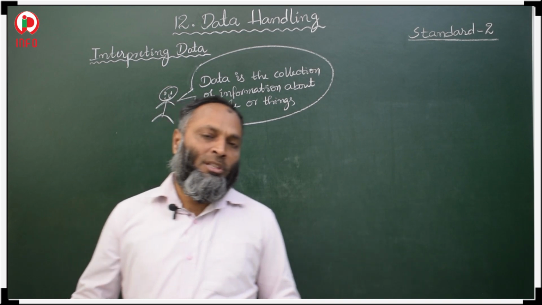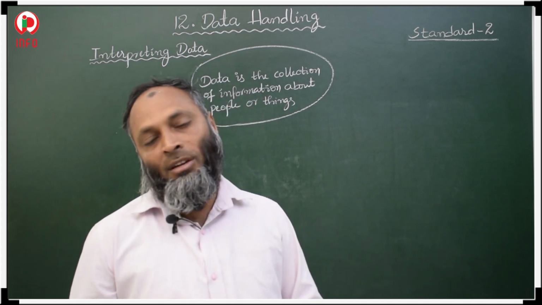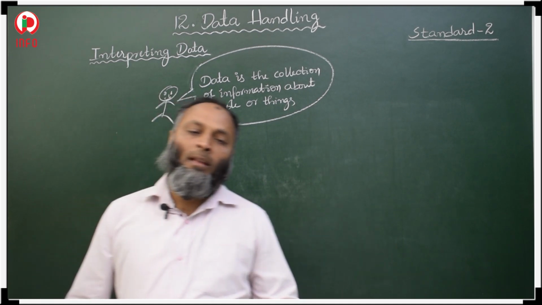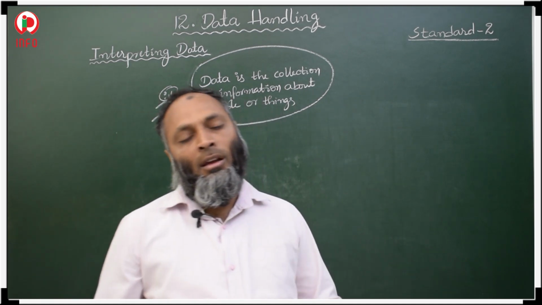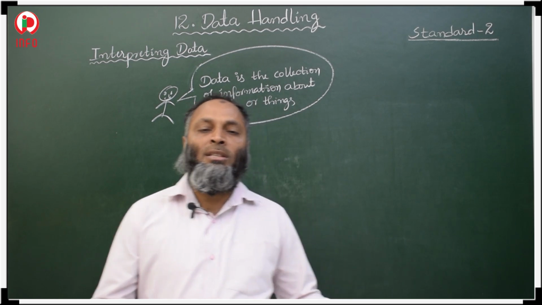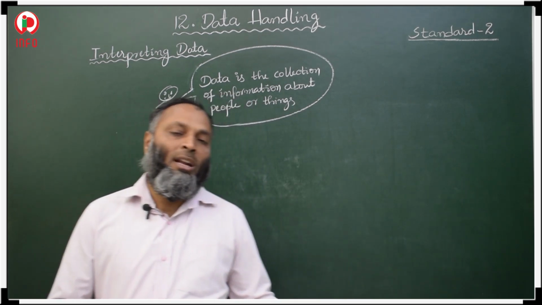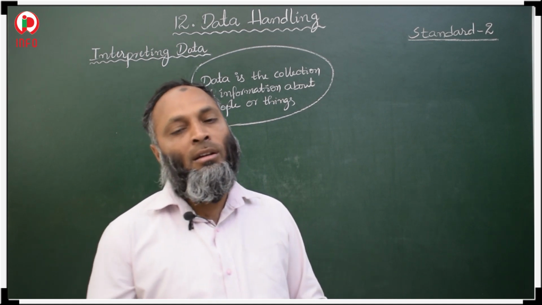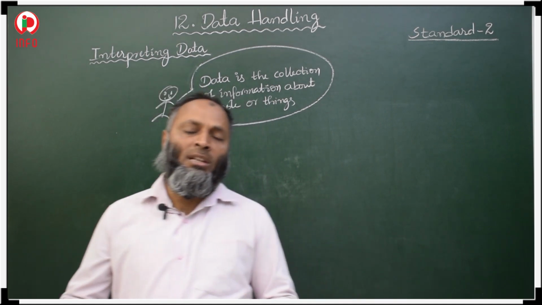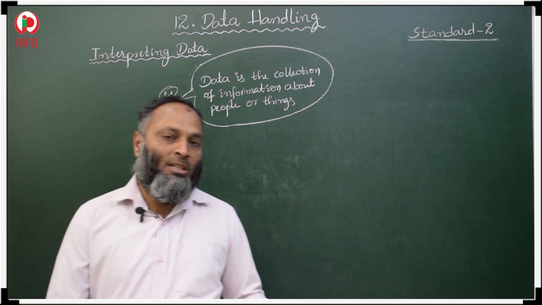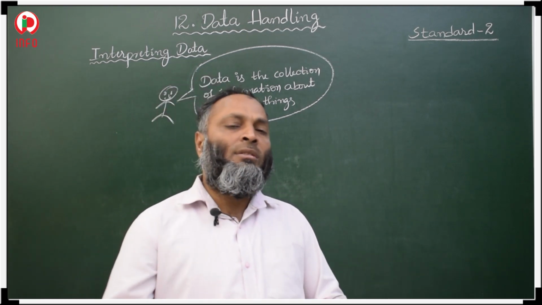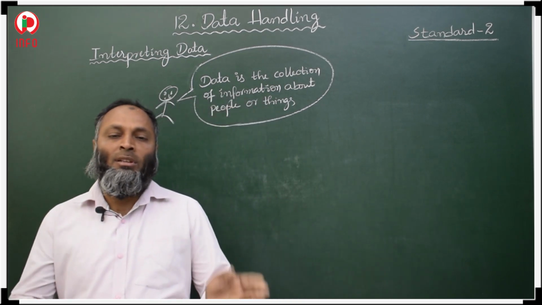Or if a school purchases different types of books for a library, like comics, novels, puzzle books, and then how many books they purchased, all this collection of information comes under data.